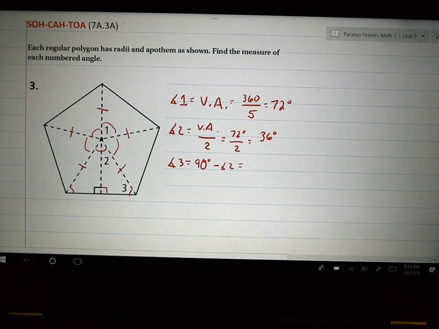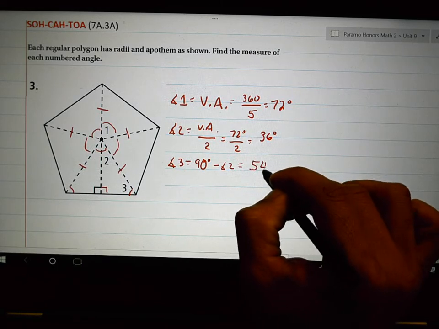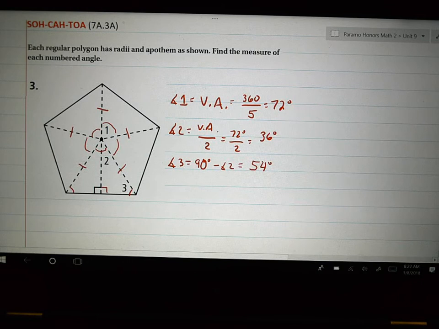That's how I do it. It's complementary because all 3 add to 180, and that's just the shortest way to get to the answer. 90 minus 36 is, if you need a calculator, use a calculator. I believe it's 54 degrees. Do you agree with me? Okay, good.